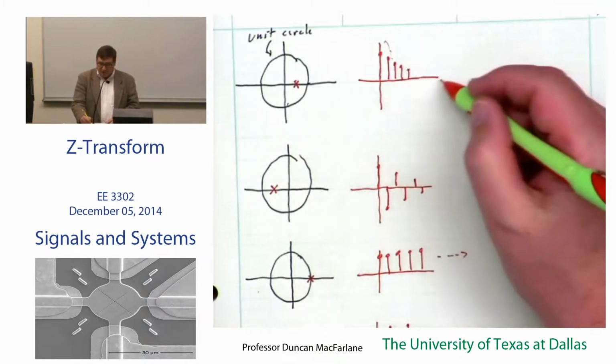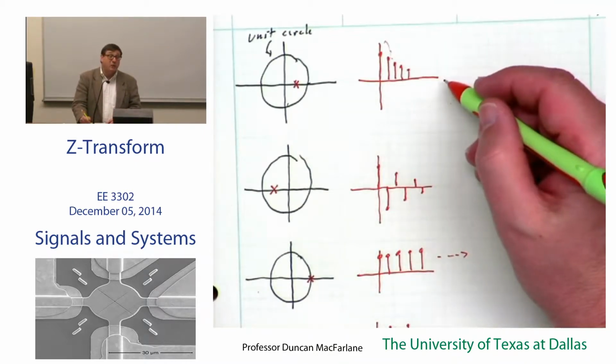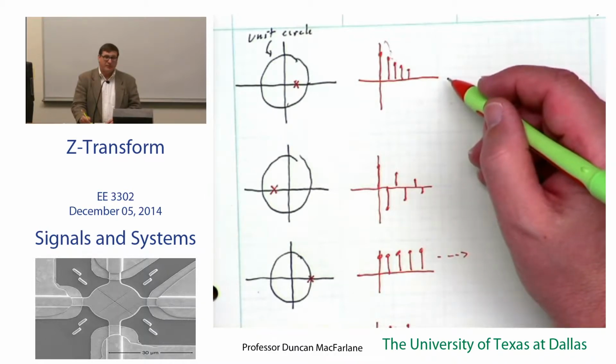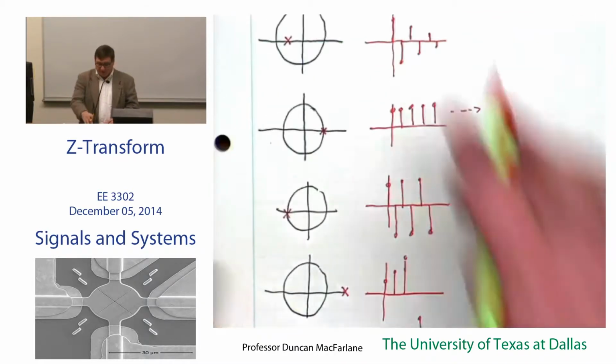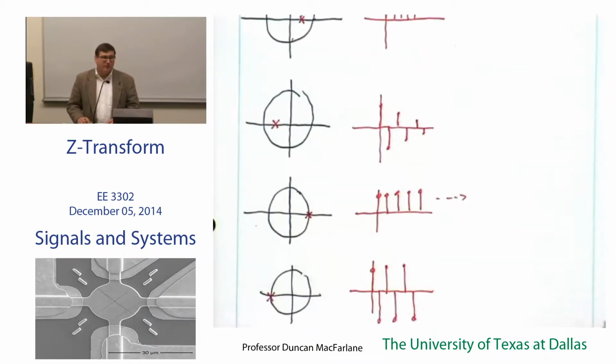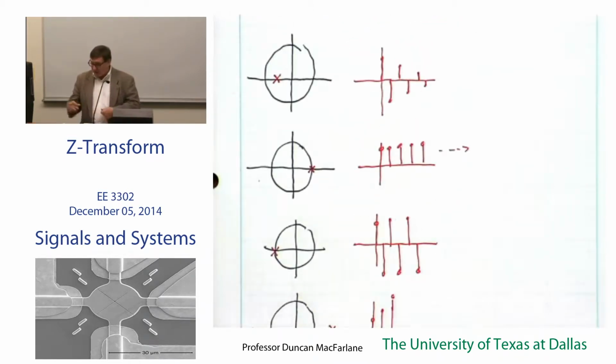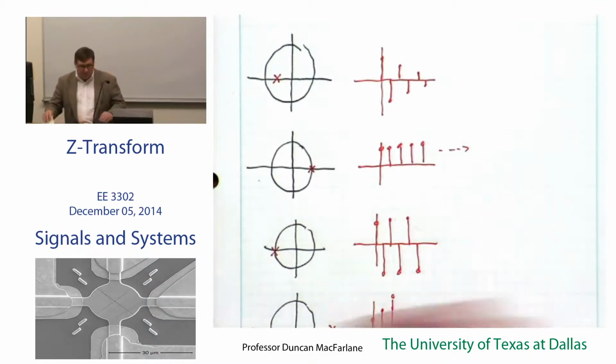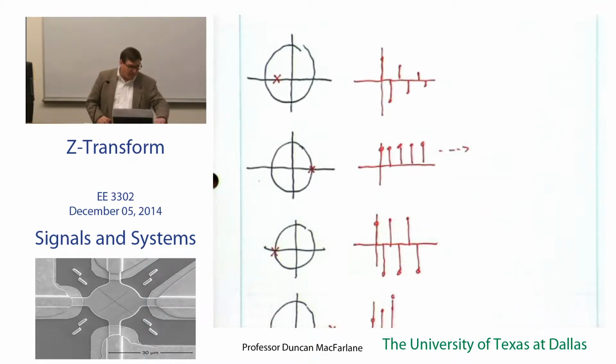This will converge to zero, but it will never quite get to zero. So in all these cases, one delta function in gives me an infinite stream of output functions, and that's another reinforcement of what we mean by an IIR filter.